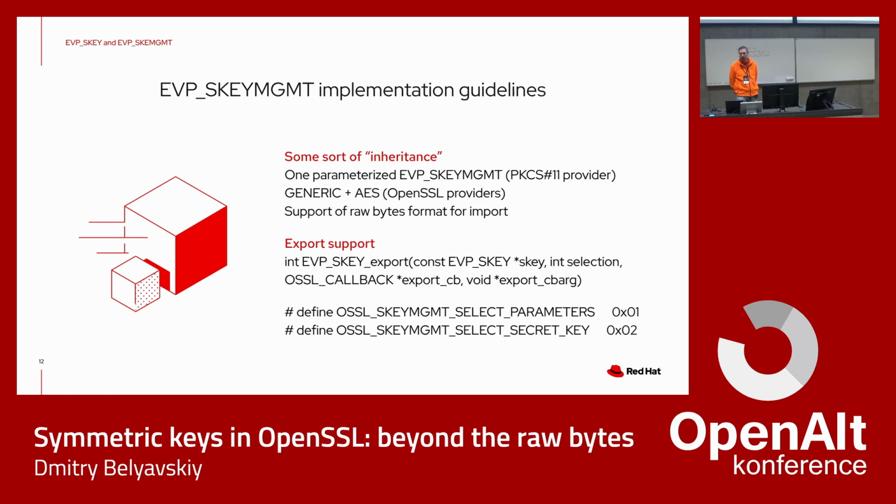Otherwise, if you could always export the raw bytes, you would not need this API. But you can use the export function to get some identifier, which would then allow you to recover the handle and use it for subsequent operations.